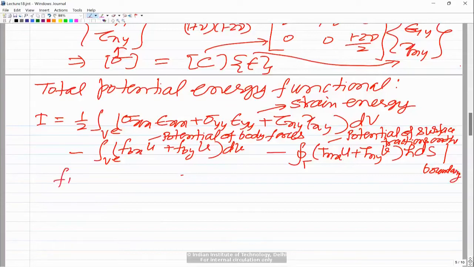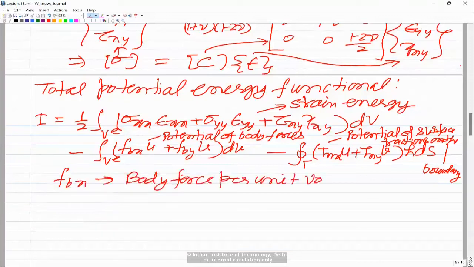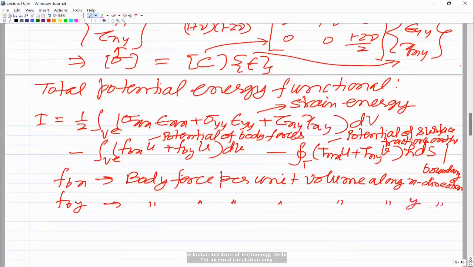So as I said already, here Fbx is the body force per unit volume along x direction. And similarly Fby, the subscript b stands for body and x and y for the direction, is the body force per unit volume along y direction.